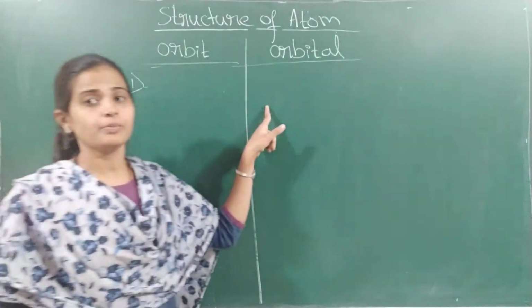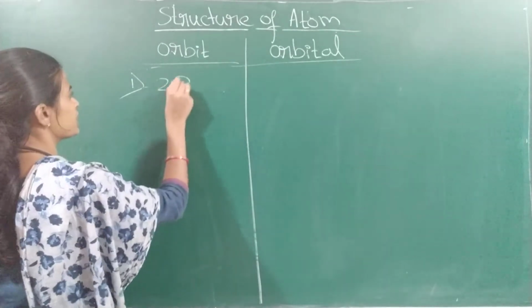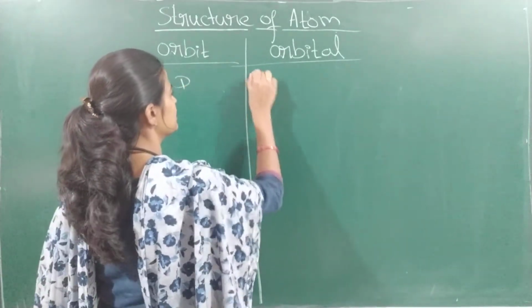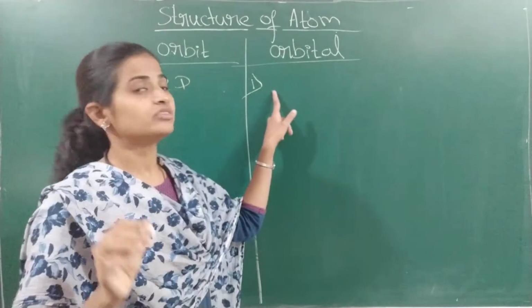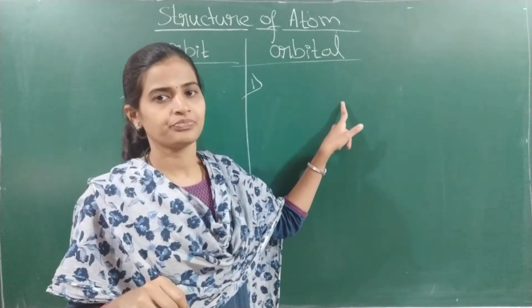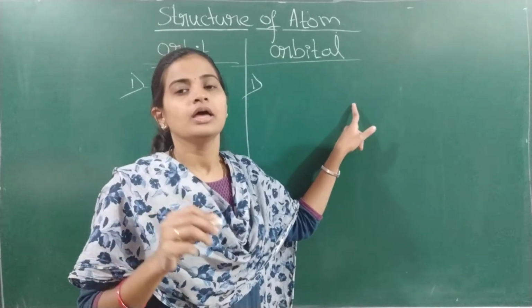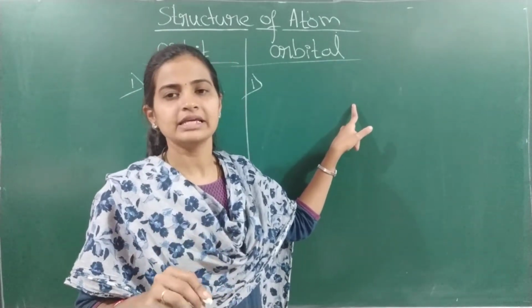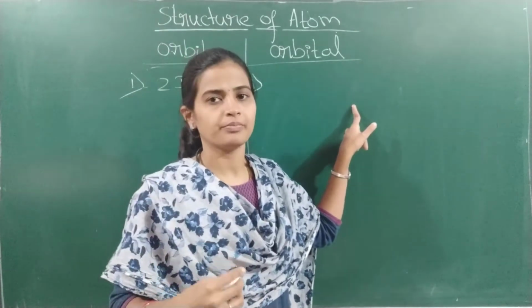Orbital is a three-dimensional space around the nucleus where the probability of finding the electron is maximum.